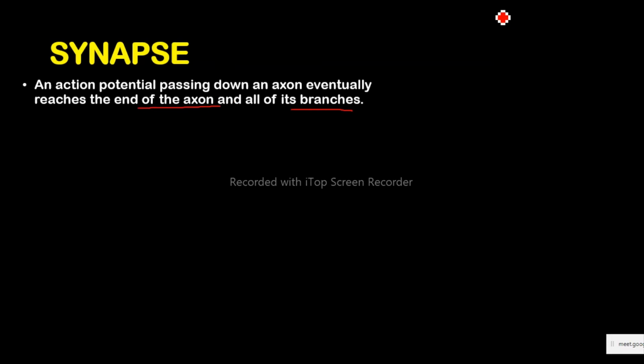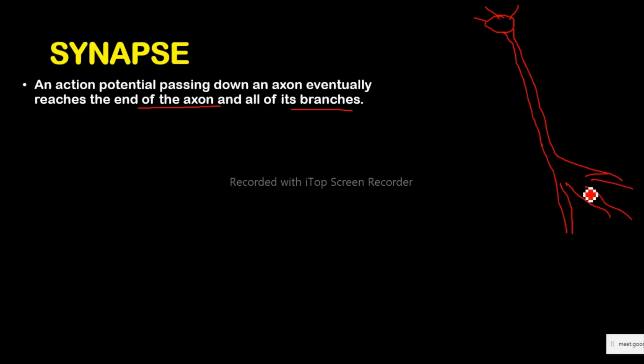So if this is your axon, maybe that is the cell body, and then there is an axon. Now this axon, it will terminate into branches called dendrites. So very many of them.